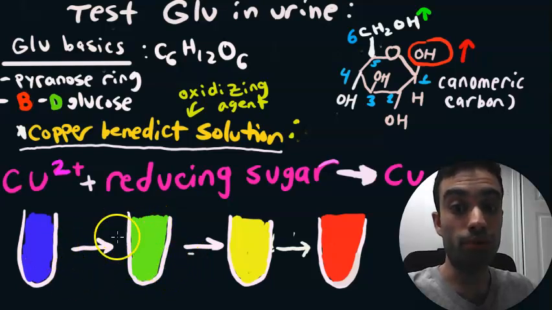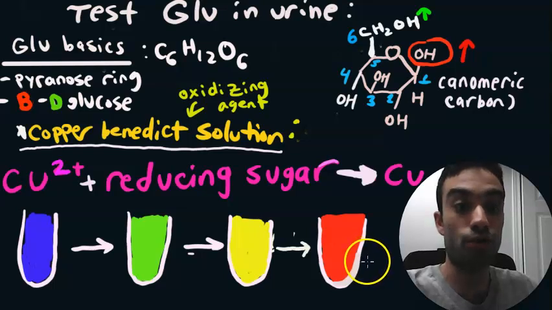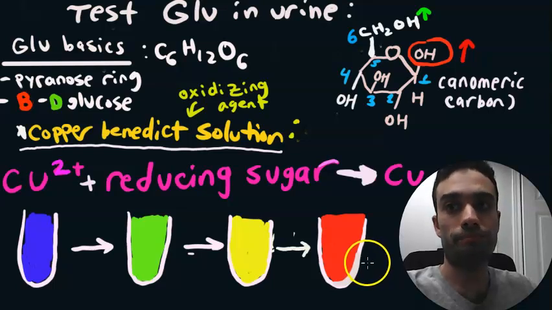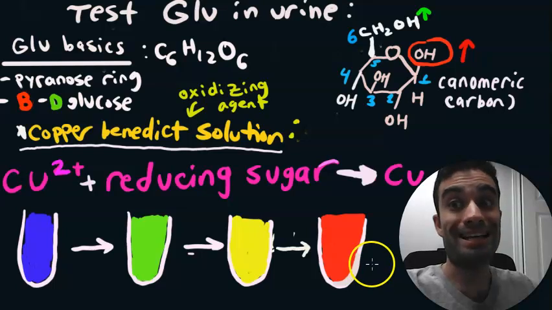The more it goes from blue to red, the more reducing sugar, glucose in this case, is present in the urine. And the higher, therefore, the risk for diabetes, as the kidney's transporters are saturated. So not all the glucose is reabsorbed.